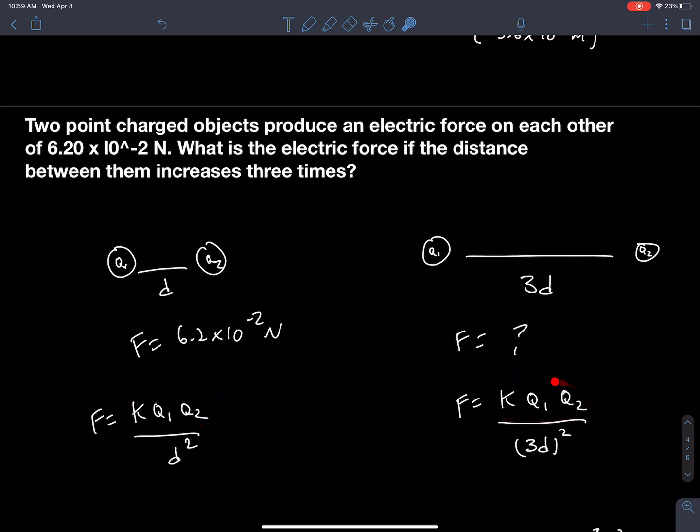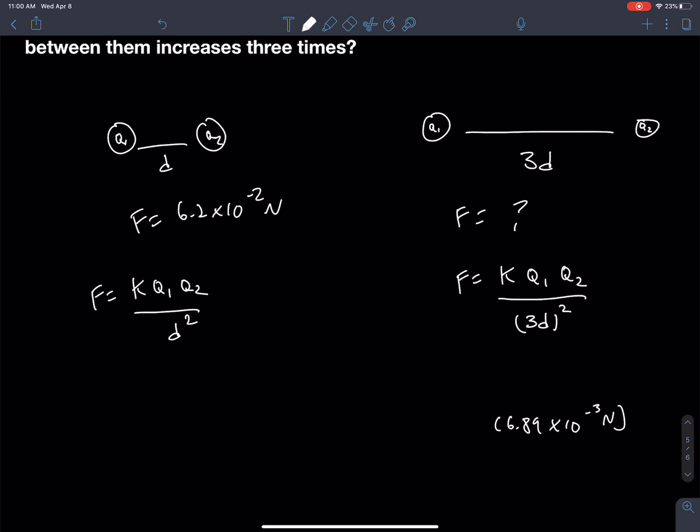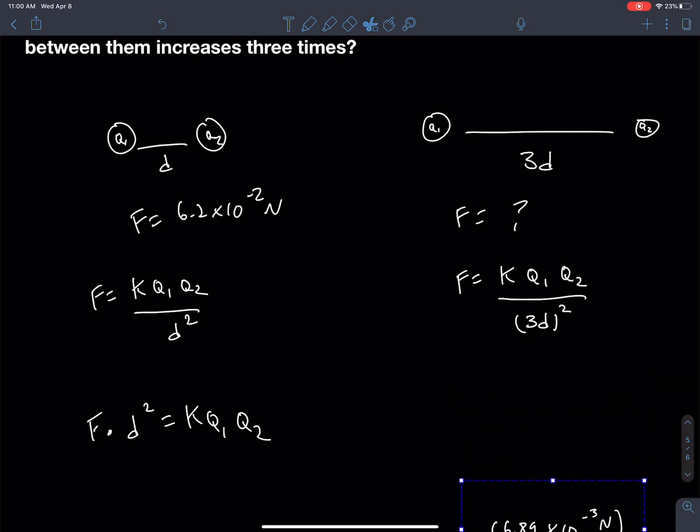K, Q1, and Q2 are constant. So what I can do is rearrange this equation so that one side will be the same in both equations. If I did F times D squared is equal to K Q1 Q2, and on this side, sorry, this is the answer over here, I'm gonna move that answer a little lower.